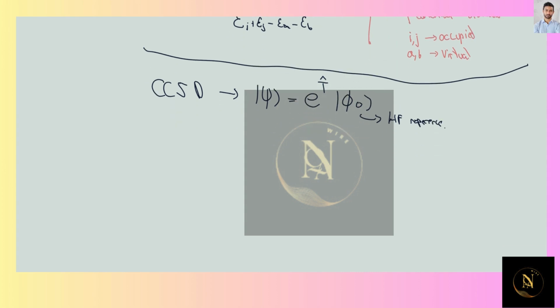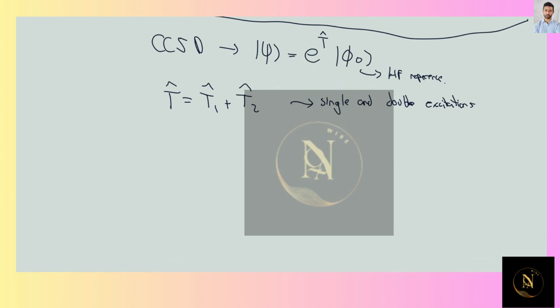So in the coupled cluster singles and doubles method, the operator T is going to be equal to T1 plus T2, meaning that we're going to include only single and double excitations from the reference.